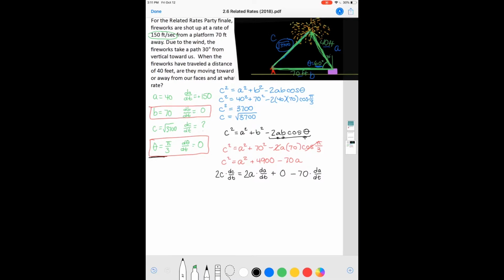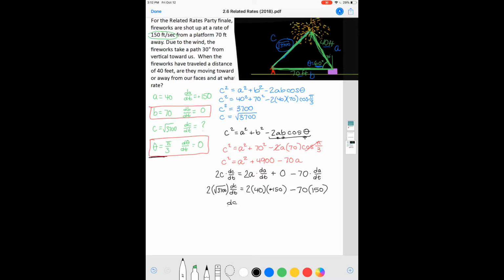Sweet. Now we can plug in the things that we know. I know C. I wish I knew dC dt. Positive 150 plus 0 minus 70 times positive 150.